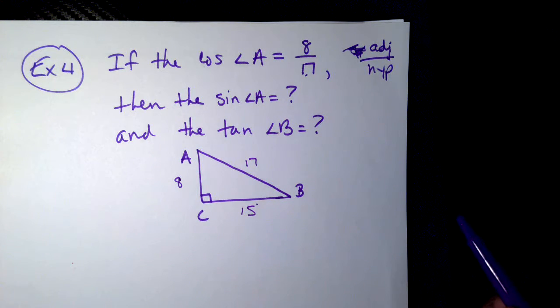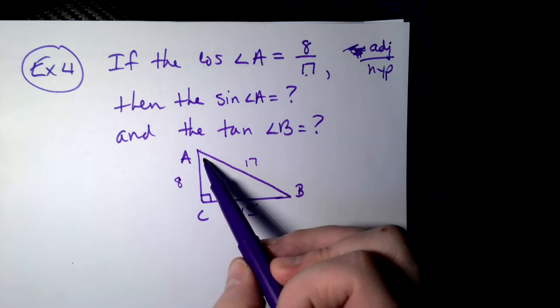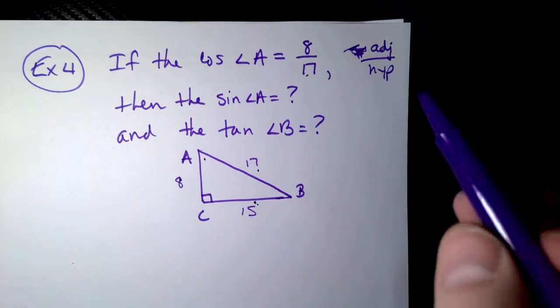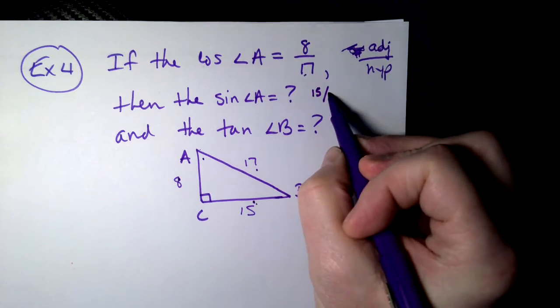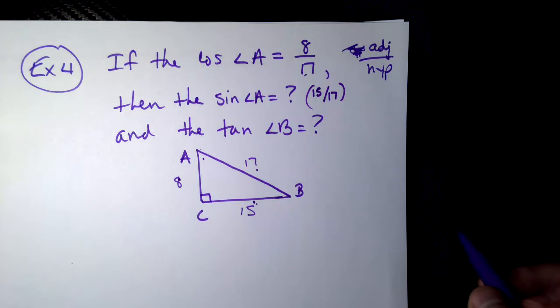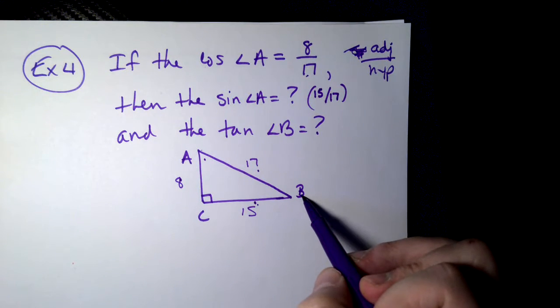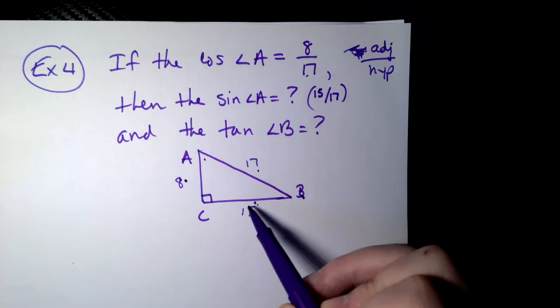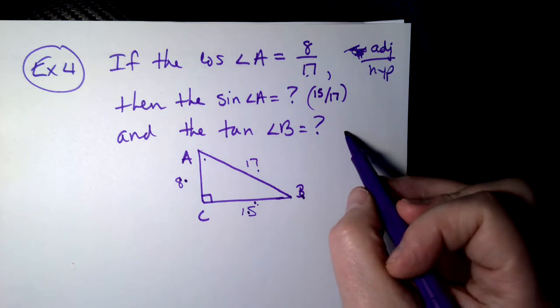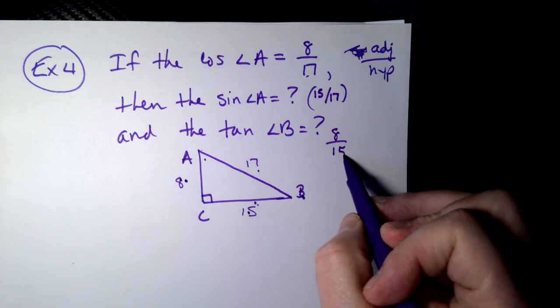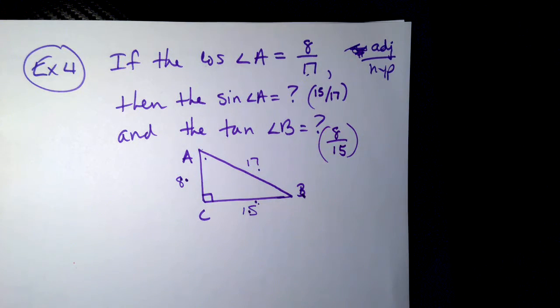Now I can answer all these questions. What's the sine of angle A? Opposite is 15. Hypotenuse is 17. 15 over 17. What's the tangent of angle B? Now they're talking about the other angle. That would be opposite over adjacent. Tangent of angle B would be 8 over 15.